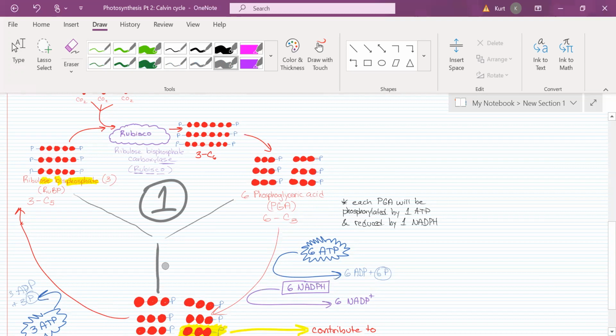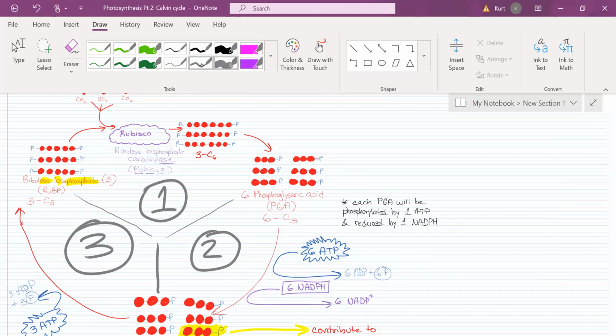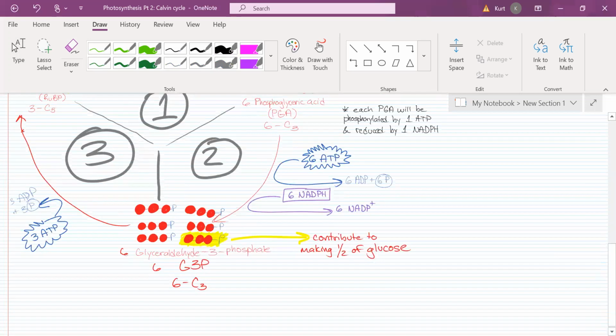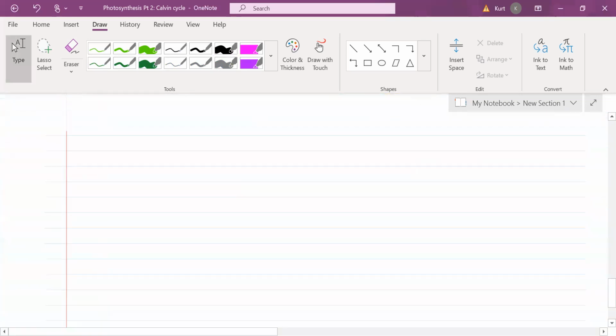Okay, next. This is 2, and then there's 3. Those are the 3 stages of the Calvin cycle. And what we're going to do now is describe what is happening in each of those stages. All right, so let's do that.